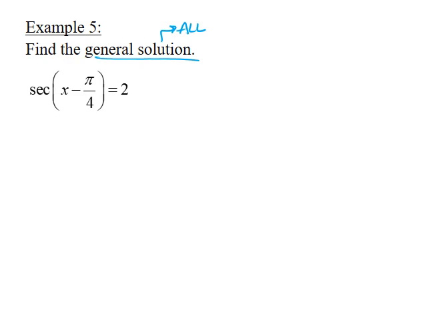Looking at this, I know that we are dealing with some angle, call it theta. Then I know that secant of theta is equal to 2. Again, sometimes this is tricky for students, so we can take the reciprocal.